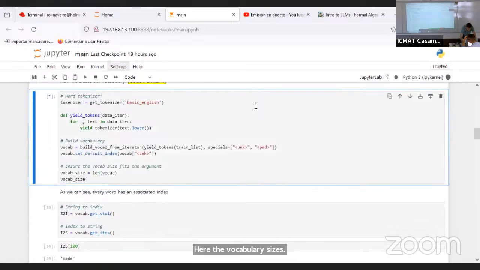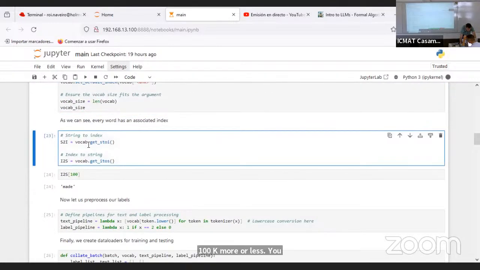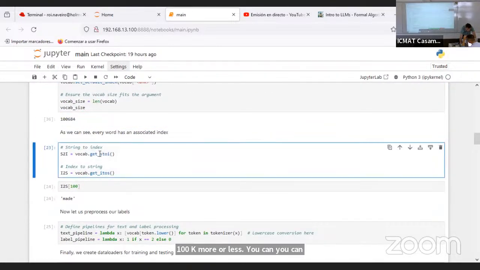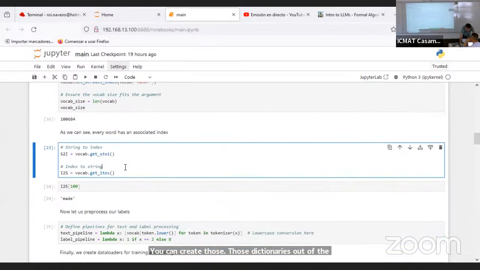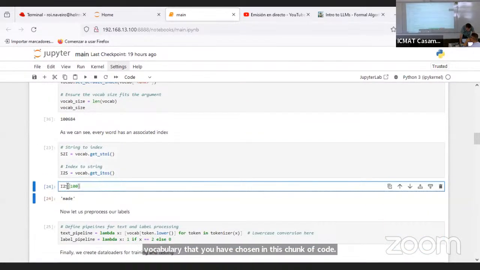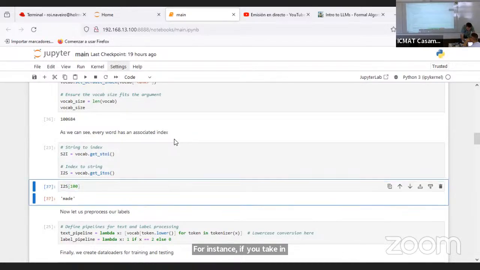And you can choose this. This is sequence to index and index to sequence. You can create those dictionaries out of the vocabulary that you have chosen in this chunk of code. And for instance, if you take index to sequence of the number 100, it is the word made.